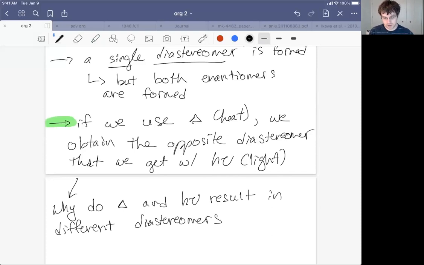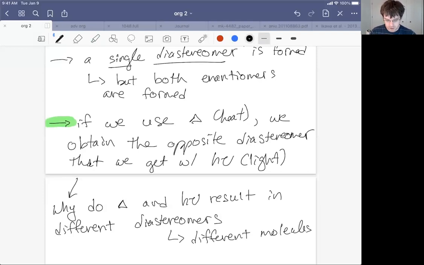connectivity of the constitution. That is, they flip some wedges but not all. But another way of thinking about it is these are very different things. These are different molecules. So why do heat and light result in different diastereomers? It's just heat and it's just light. Why are we getting different products whether we choose one or the other?